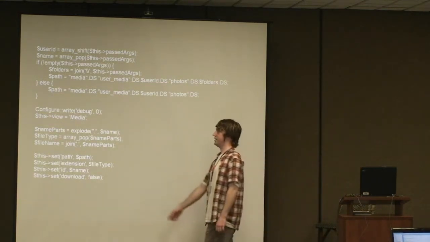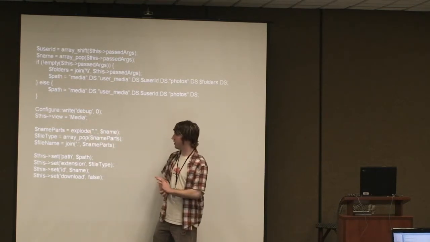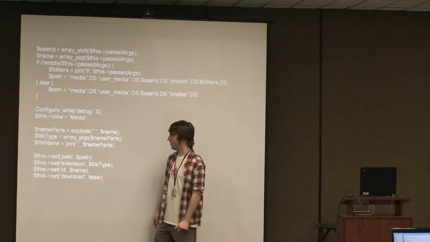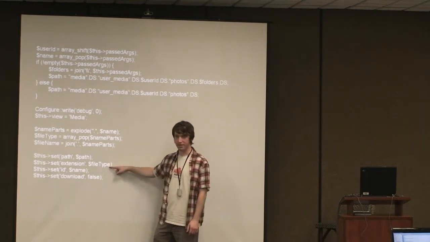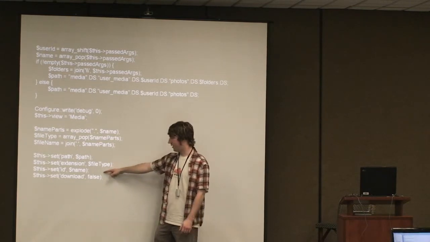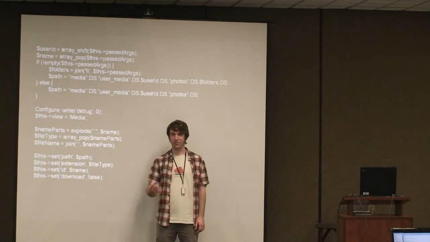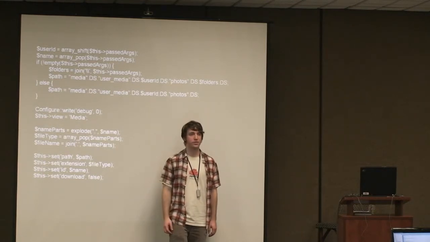How you instantiate it is this view media, and then you want to turn debugging off, as I found out, and then you set the path, the extension of the file name, and the ID of it, and then you can say download equals true, and then it would actually prompt the browser to download it. But with displaying images, obviously you want download false.